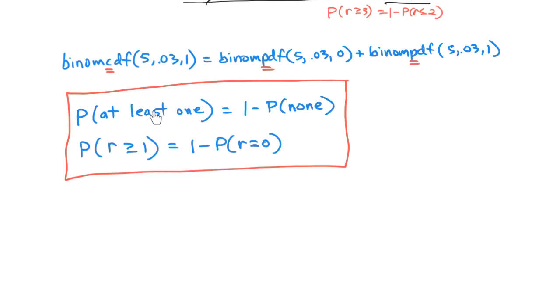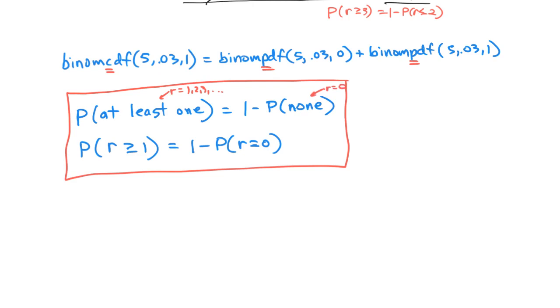It just can't be 0. So probability of at least 1 is the same as 1 minus the probability of none. Because think about what this means. At least 1 means r equals 1, 2, 3, extending to however many there could be. The only thing missing is r equals 0.